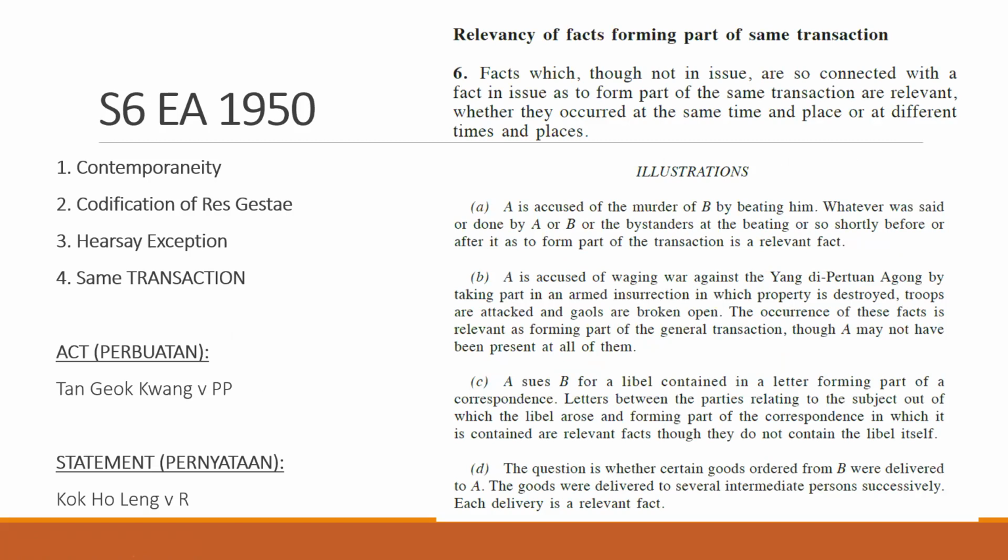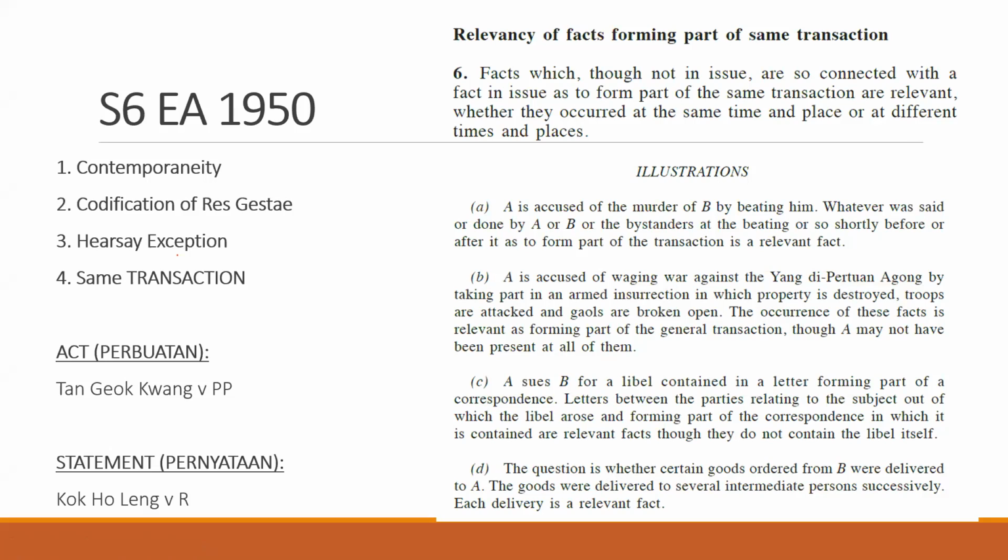At the same time, it is talking about the contemporaneity of an action. That means something that happens at one point in time, at the same time, same place, same transaction. It happens instantaneously. Why is it so?